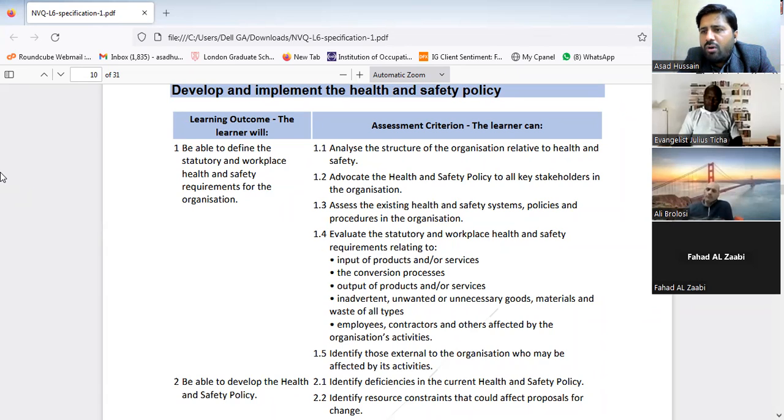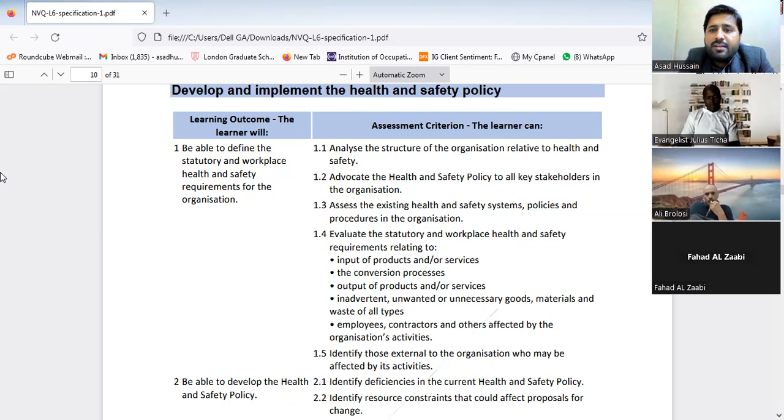We can also call them interested parties who have some stake, who are involved, or maybe can be indirectly affected. So all of these are stakeholders. You have to communicate or share the health and safety policy information to all of them, so you should have a clear plan for that.